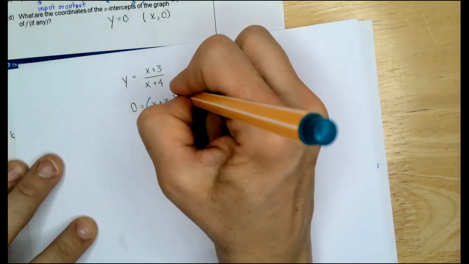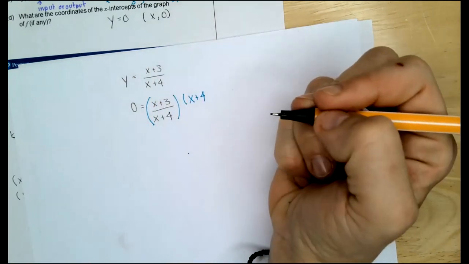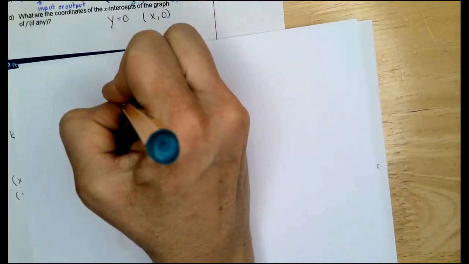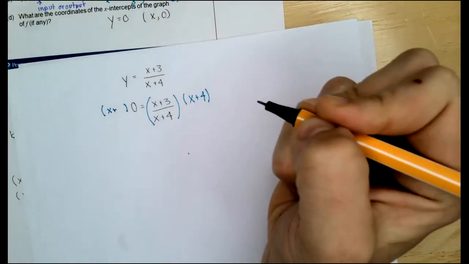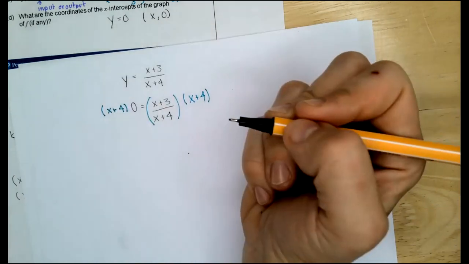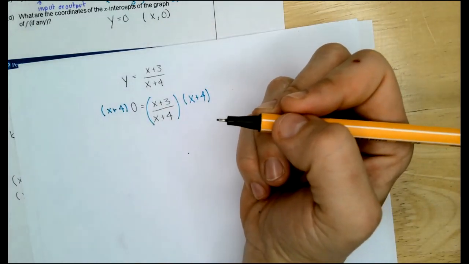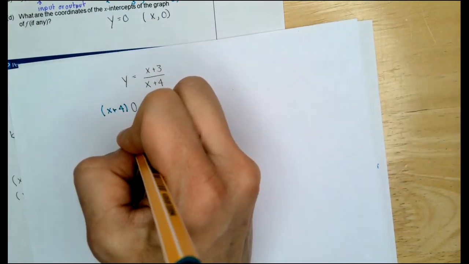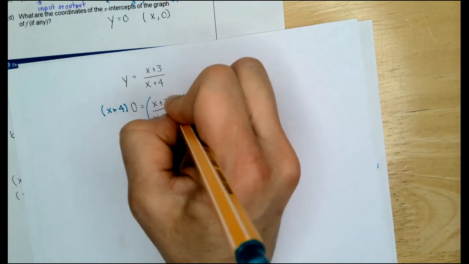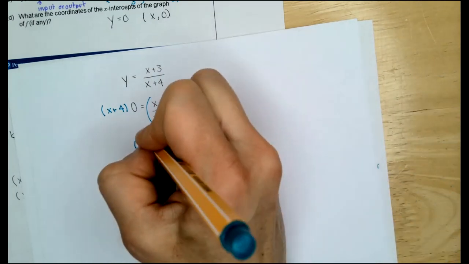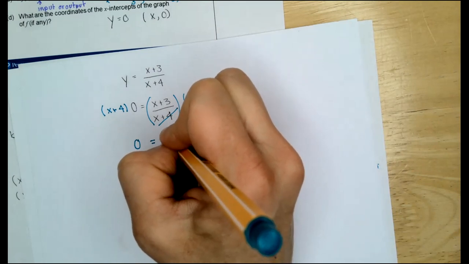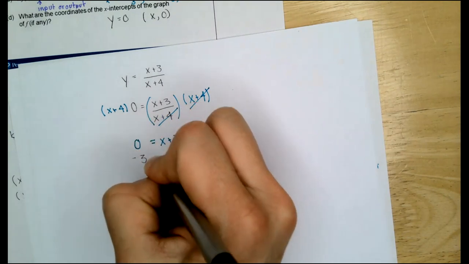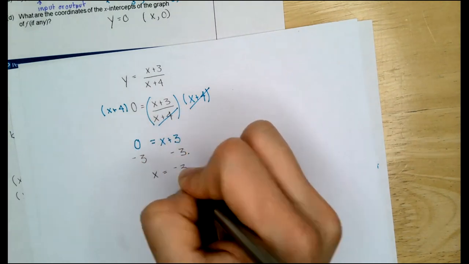Let's multiply by x plus 4. 0 distributed by x plus 4 is just 0. 0 times x is 0. 0 times 4 is 0. On this side, we're getting rid of the denominator, and we just have 0 equals x plus 3. Subtract 3, and we get x is negative 3.